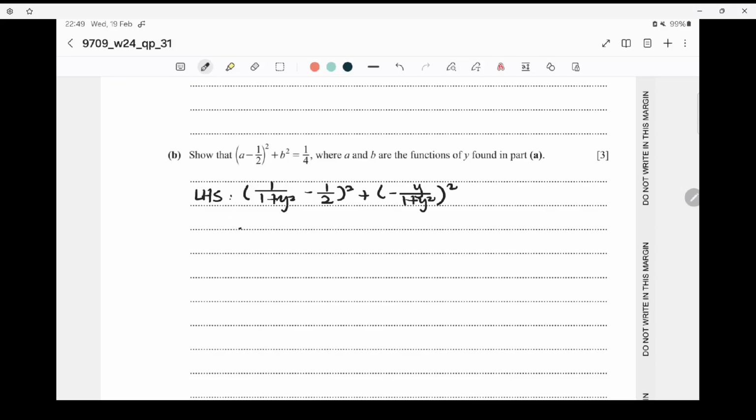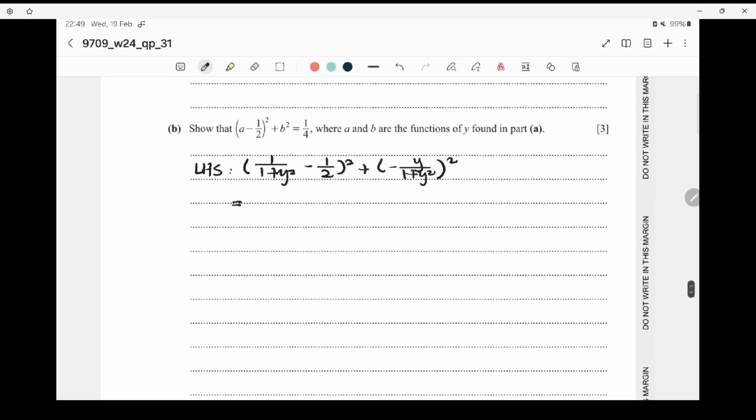So when you square everything out, you would get 1 over 1 plus y squared minus 1 over 1 plus y squared plus 1 over 4 plus y squared over 1 plus y squared, the whole thing squared again.